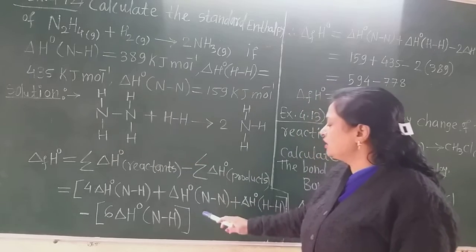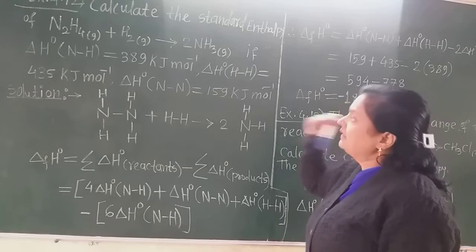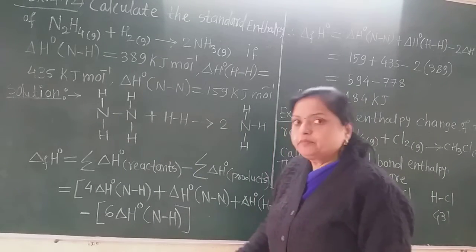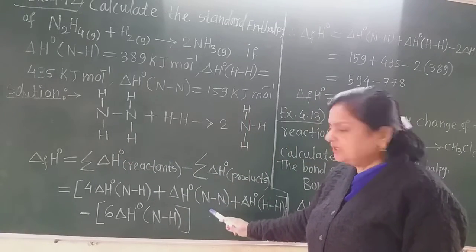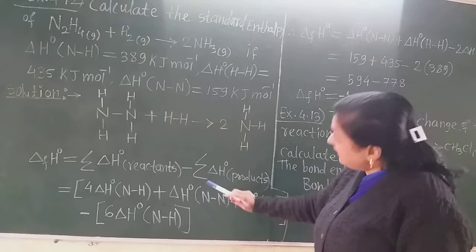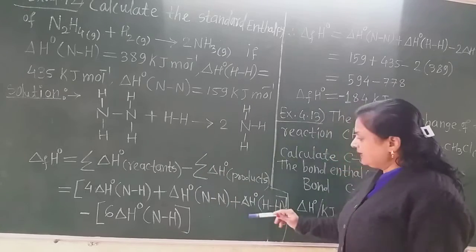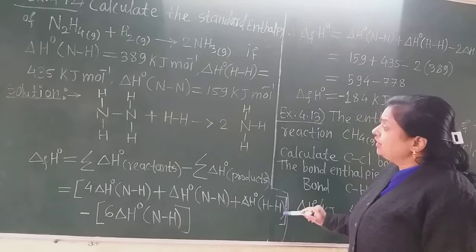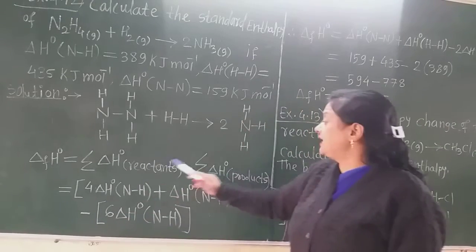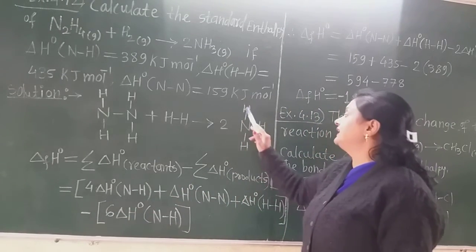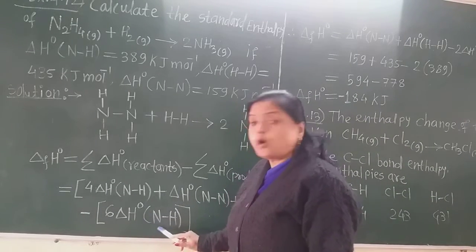Also 1 H-H bond. So plus delta H0 of the 1 N-N bond. First 4 N-H bonds, 1 N-N bond, so I write here the delta H0 of N-N bond, and again 1 H-H bond in the reactant, so here I write delta H0 of H-H. Now the square bracket is completed, minus enthalpies of products. Now in the product there are 6 N-H bonds, so minus 6 delta H0 of N-H.